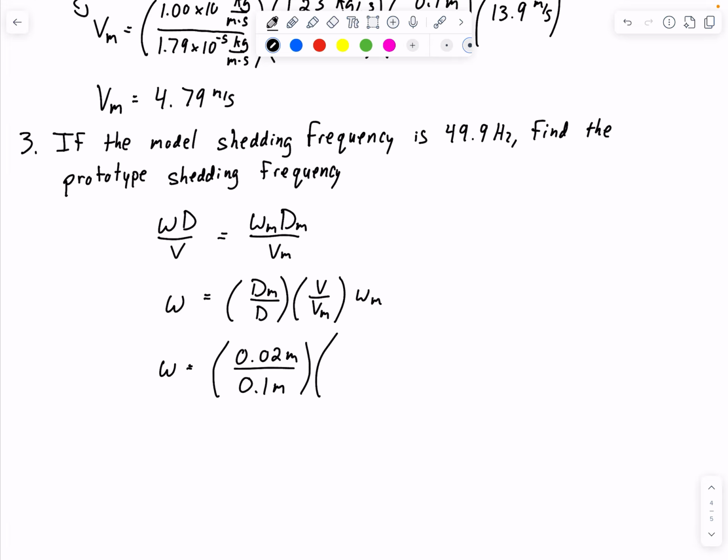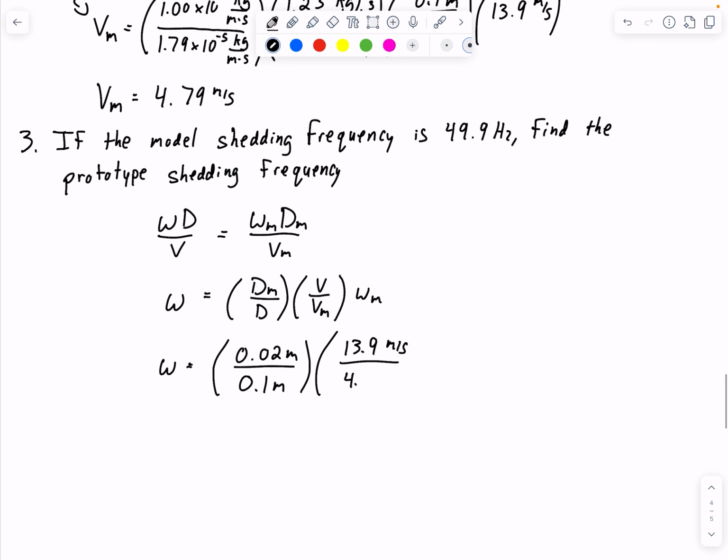Now we have the ratio of the velocity that the prototype experiences out in the field, divided by the velocity that the model experiences in our water tunnel, then multiplied by 49.9 hertz, which is the shedding frequency that we measured in our small-scale model system. So we calculate that, and we find that omega is equal to 29 hertz.